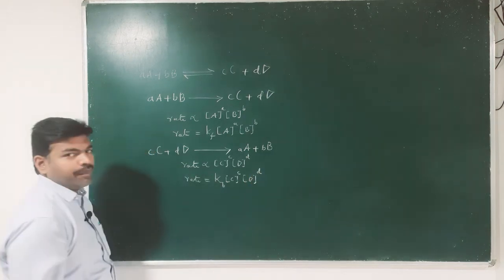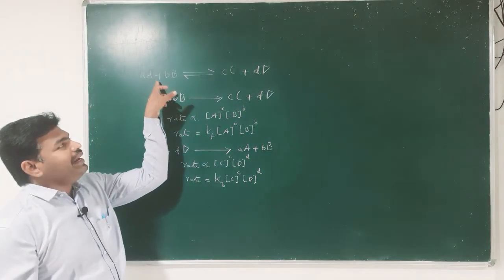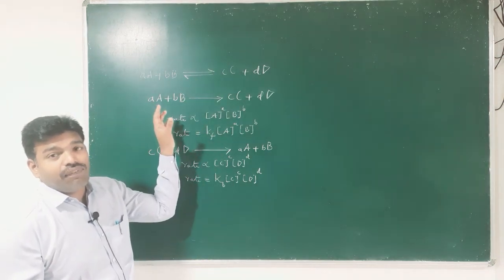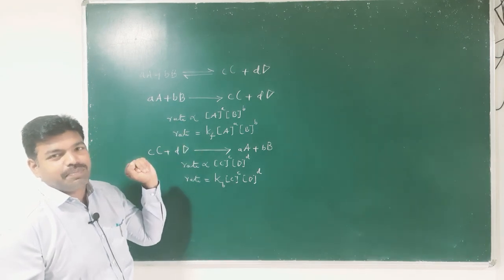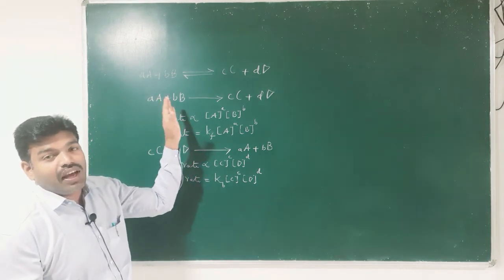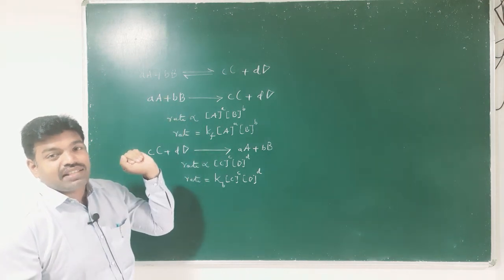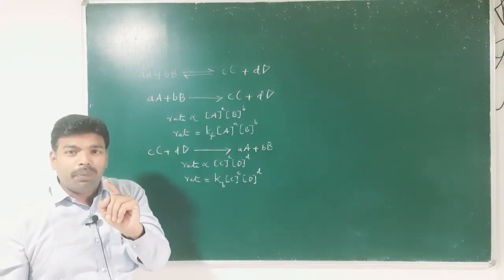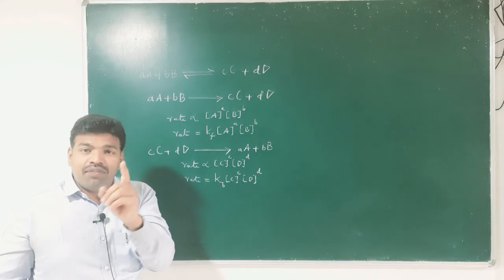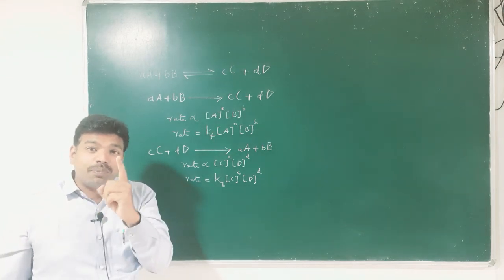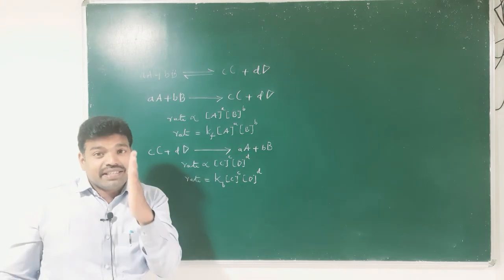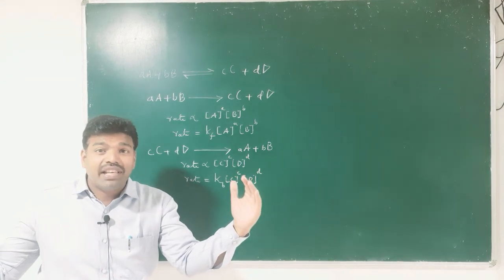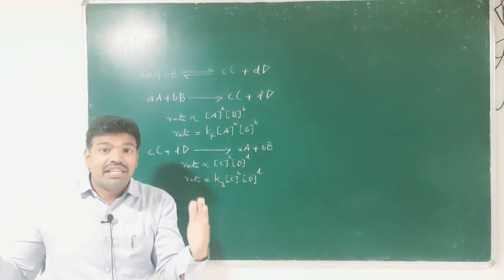Okay. Already I told you, in a reversible reaction there is a tug of war taking place, as in the tug of war game. In the tug of war game, one group is pulling on one side and another group is pulling on the other side, and at a certain time the two groups are pulling with equal energy, and there exists an equilibrium.